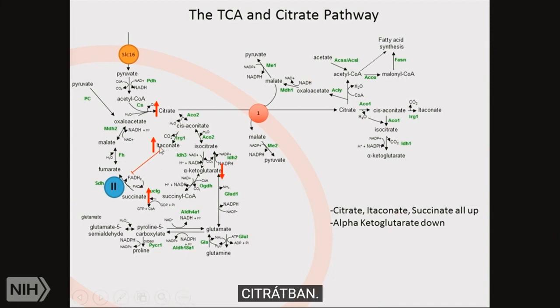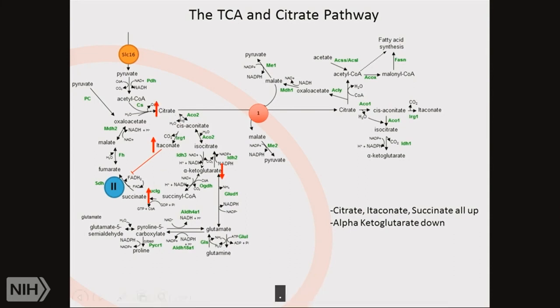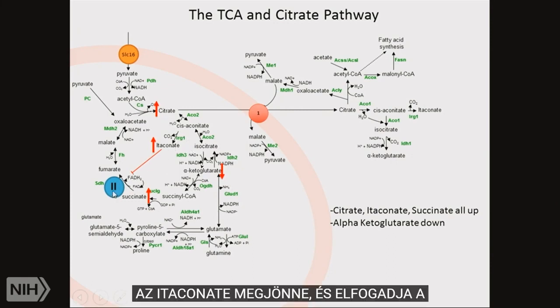So this is the itaconate level. And itaconate is really interesting because it is an inhibitor of complex 2. So this plays a part in that oxidative phosphorylation going off, we think, right? So itaconate, which is generated out of the citrate to isocitrate conversion, would come on and can suppress complex 2.